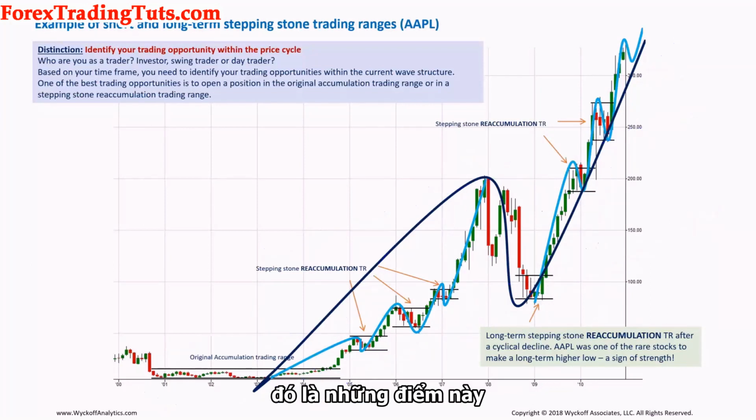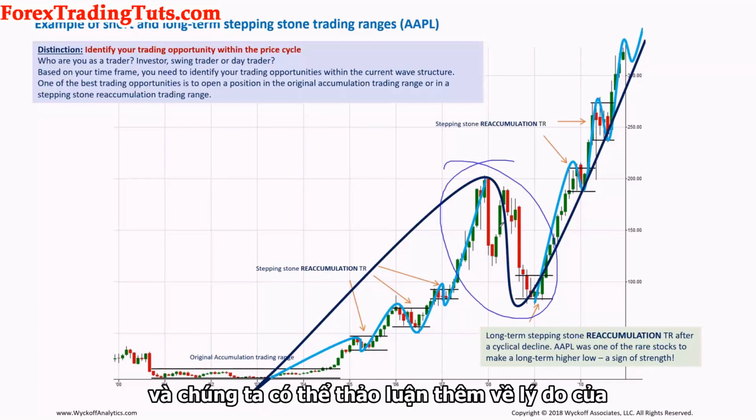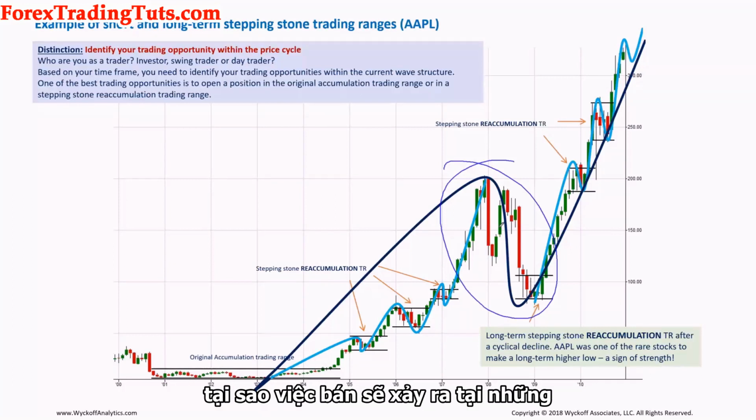It's these spots, the trading range, the consolidation within the structure of a much larger price cycle, where the price stops and exhibits some temporary weakness, which is being produced by temporary selling, and we could discuss more the reasons why the selling would occur at those spots.